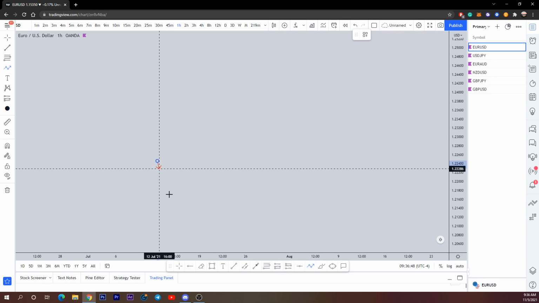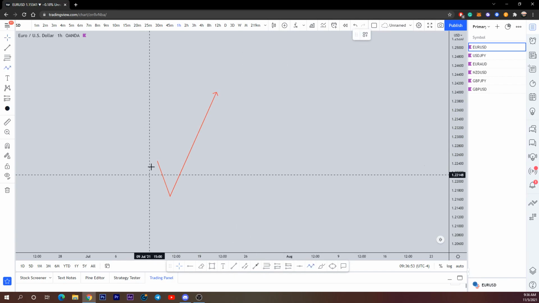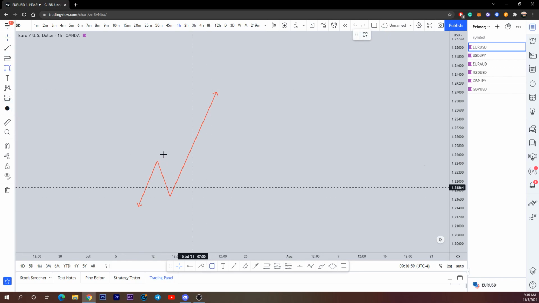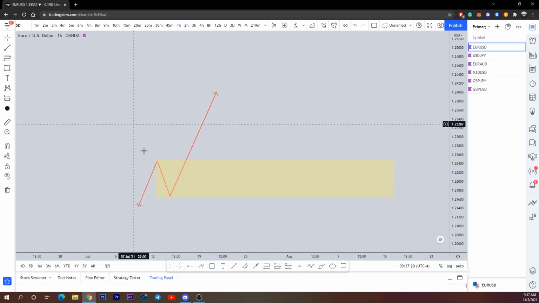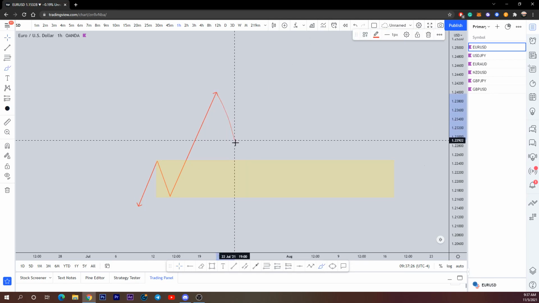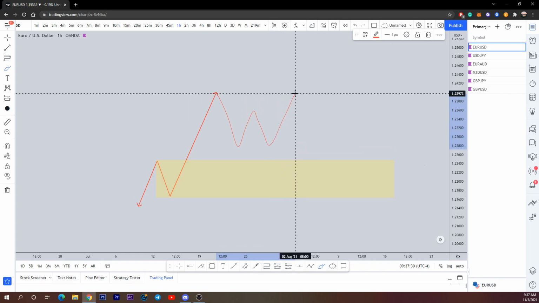Okay, so let's say we have a demand zone, right? So let's say you have a point of interest right here. Okay, so let's say you have this demand zone right here, and then you have the market come down like this, and then we do something like this. Right?